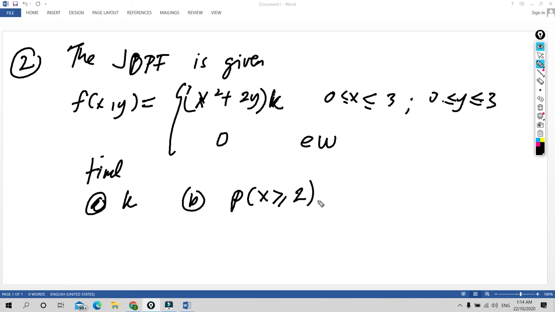Okay? And then c, I want you to find the probability of x is equal to 2 and y is greater or equal than 1. This is question number 2.